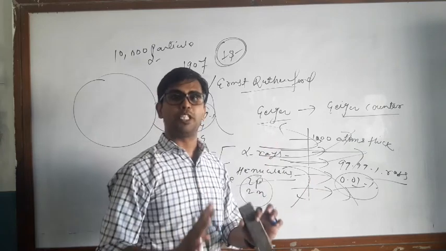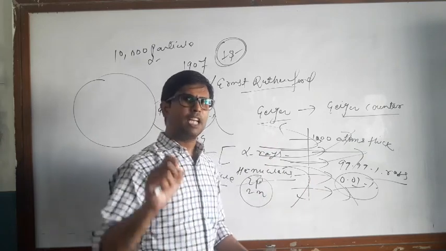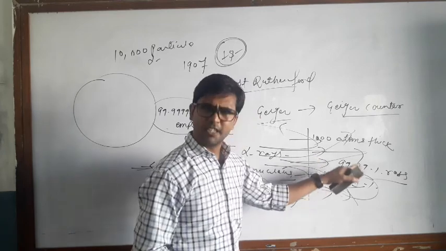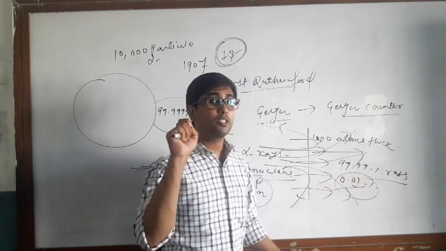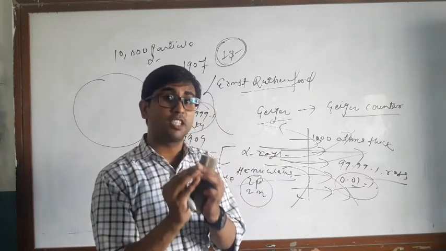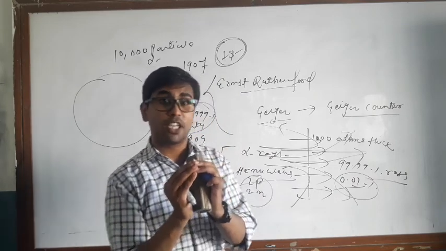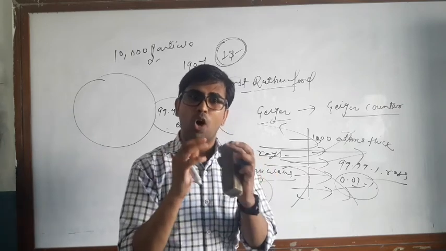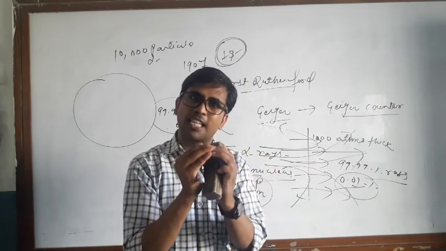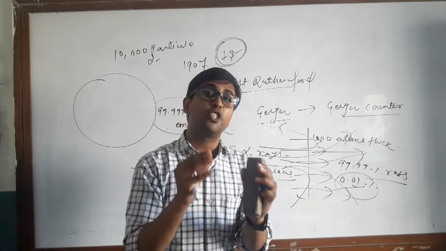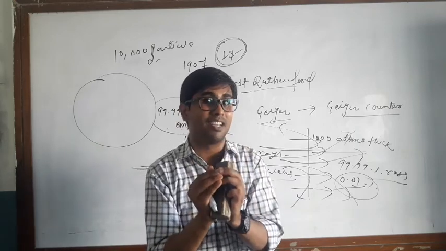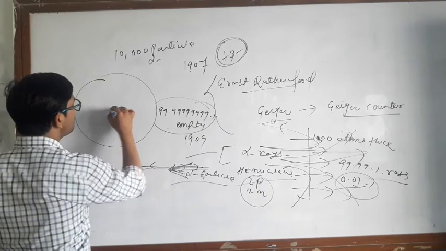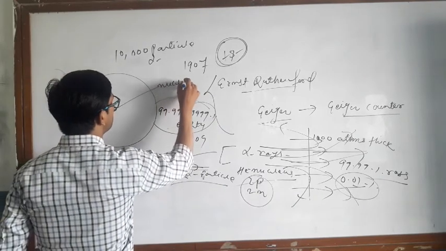It is actually empty. And since some rays are deviating from their path, there must be a concentration of charges in a place. Concentration of charges means there is a place in the atom where charges are residing together, collected in one place, and that point was termed the nucleus.